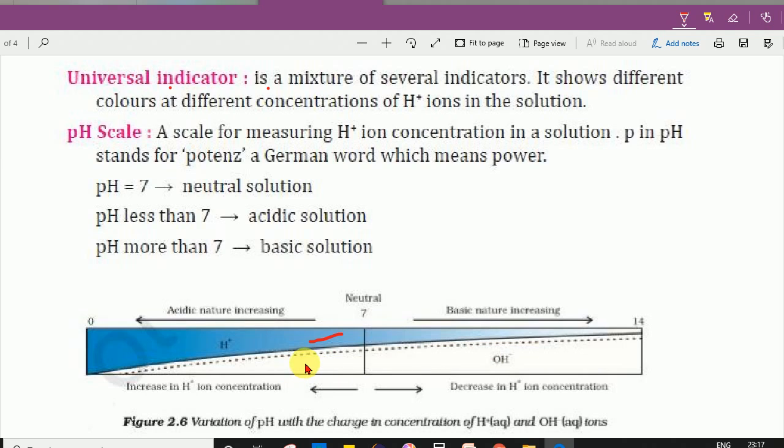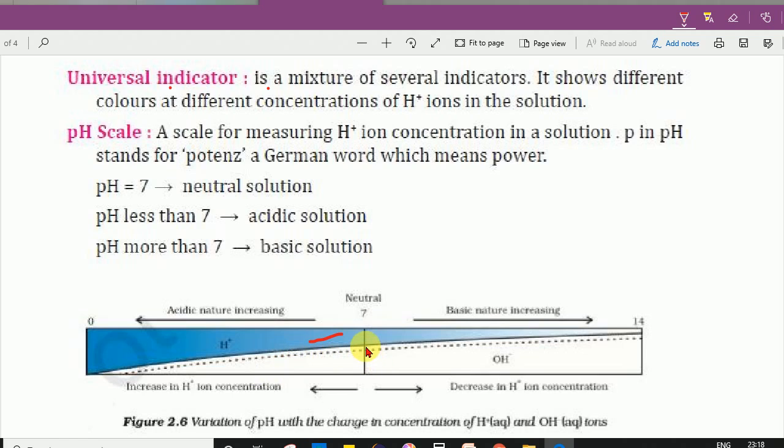Because, children, as I told you in the previous topic and just now, acids and bases show their behavior in aqueous solution, in water. So OH ions are there from water also. So these OH ions indicate that a small amount of OH ions is present in acids due to water.